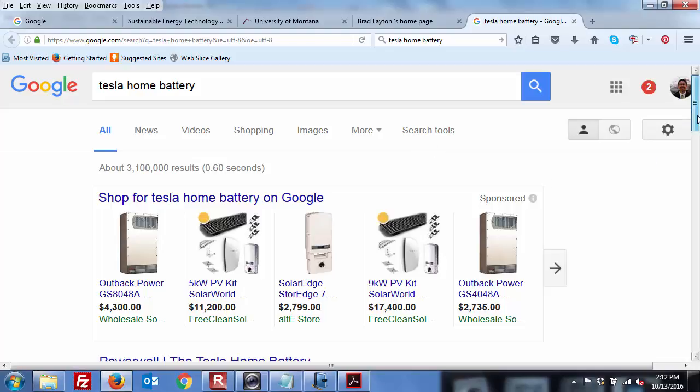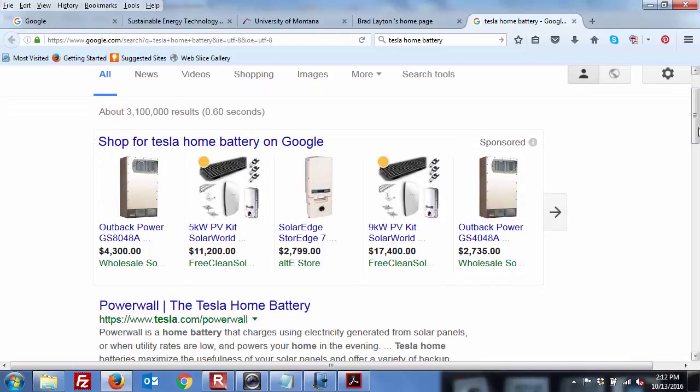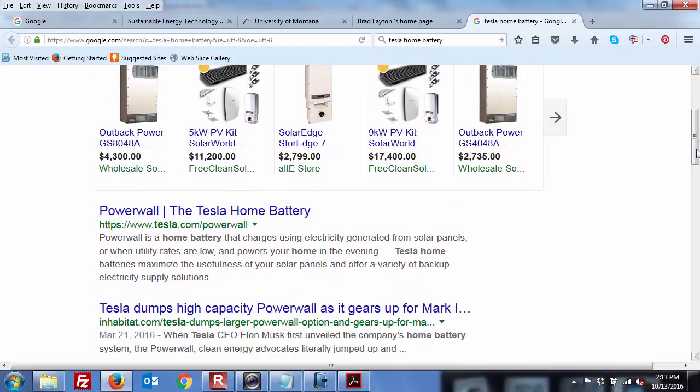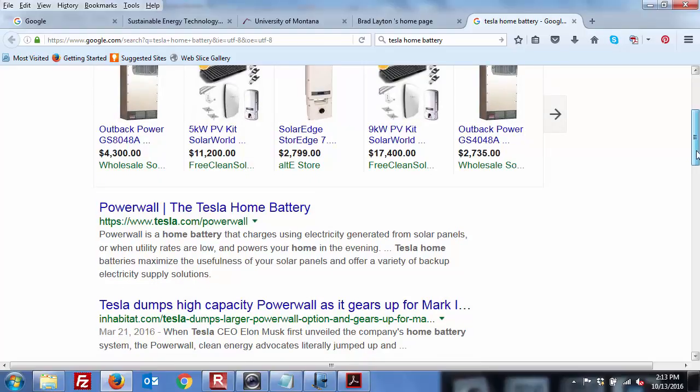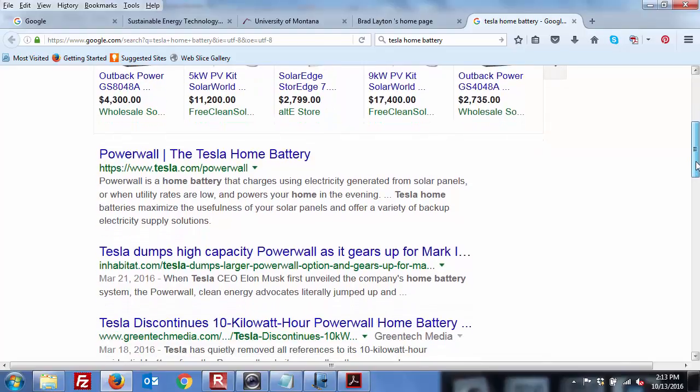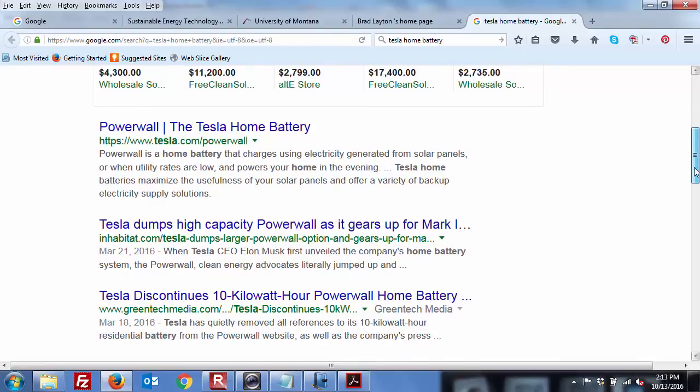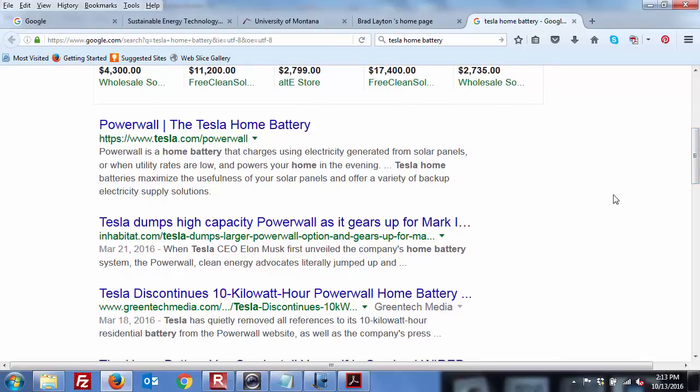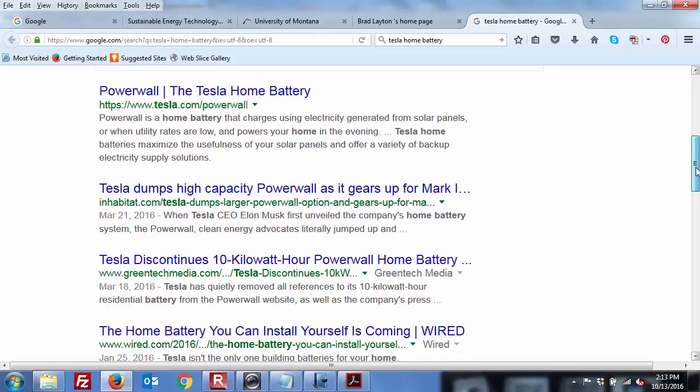Okay, so here are a few home battery kits. There's Outback, there's SolarEdge. Here's the Powerwall, the Tesla home battery. Well, that's news. March 18th, 2016. Hang on.